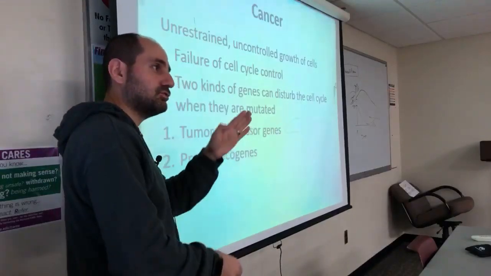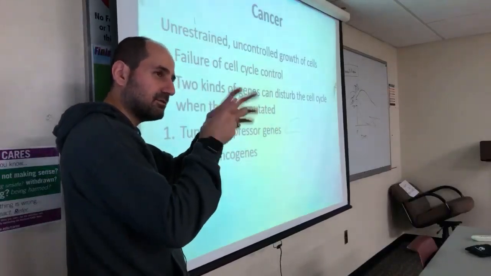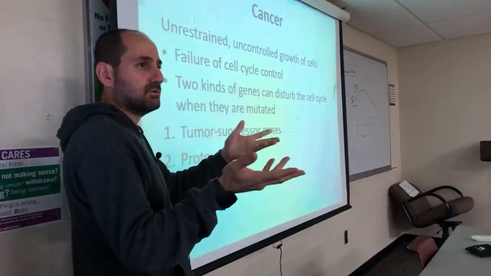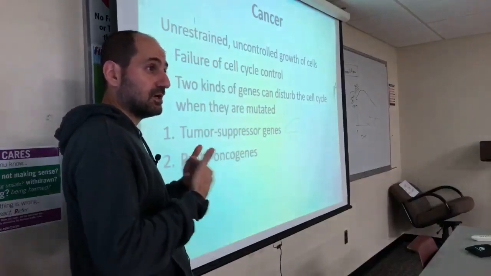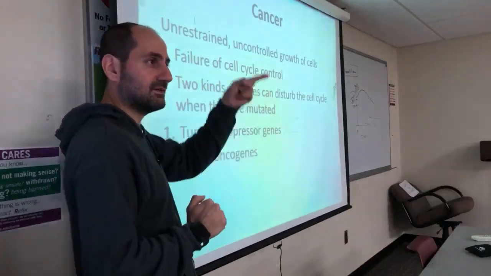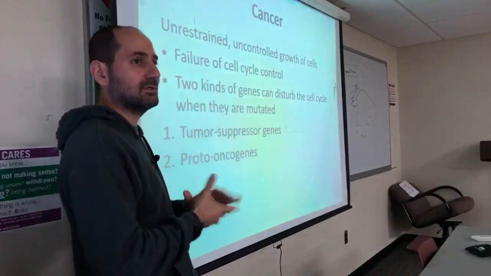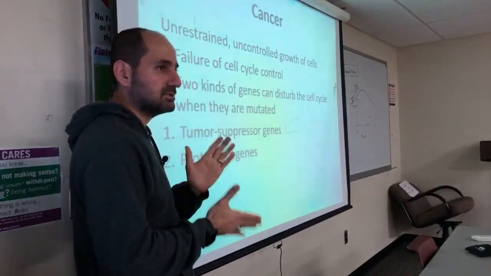You change these genes, you change the structure of that protein, it may not fold correctly, and then it doesn't function correctly. If its job is to tell the cell not to divide, now it can't do its job and the cell divides and divides and divides, and now one cell becomes 2, becomes 4, becomes 8. That's a tumor. That's cancer, right? So now you understand cancer.